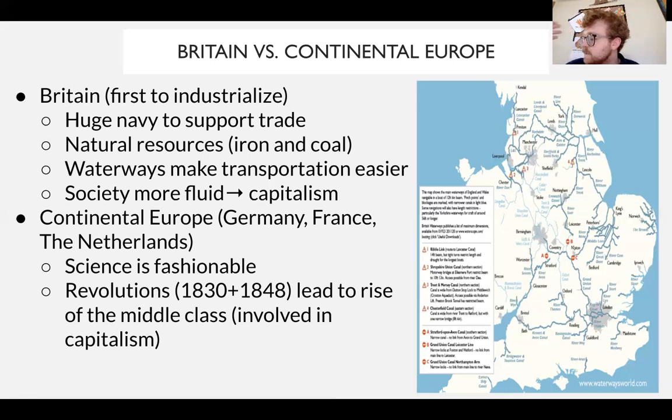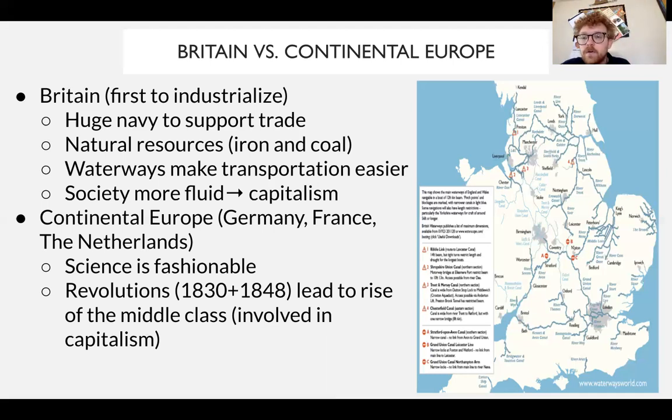So a businessman with enough money can be involved in politics, can be involved even in the aristocracy. So it is a much more fluid society that is encouraging industrialization. It is encouraging entrepreneurship.